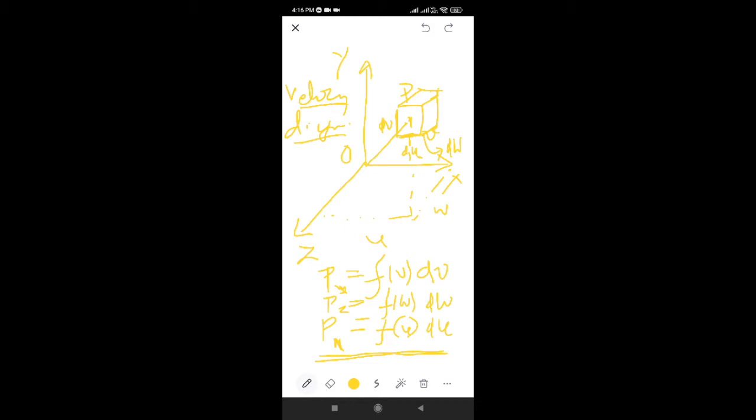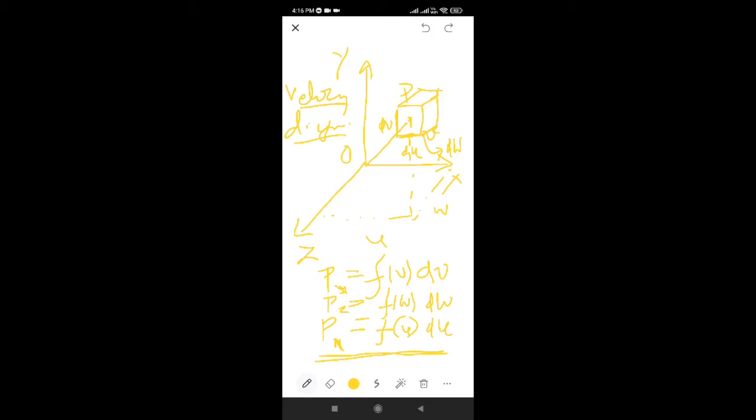See, here I already told you that velocity along the x-axis is independent of the velocity along the y-axis, and velocity along the y-axis is independent of the velocity along the z-axis. These are three independent events. According to the probability theory, which you are already familiar with since your intermediate, what is the total probability then? These are the partial probabilities which are independent of each other.